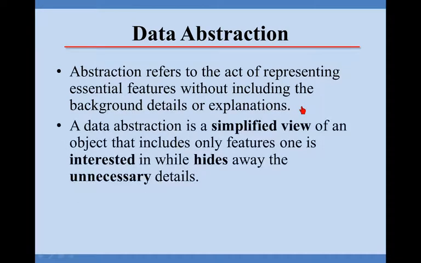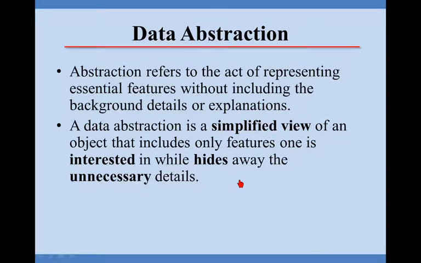So data abstraction is a simplified view of an object that includes only the features one is interested in, while hiding away the unnecessary detail. I am interested in calling only a function called calculate value. I am not aware of how many functions there are, or what kind of data is inside that class. I just refer to that object name and access whatever I need.